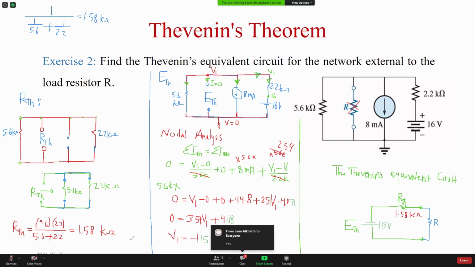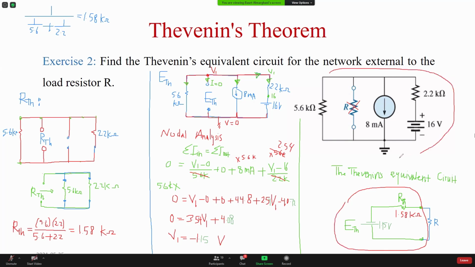Okay. So one more time. Whenever the question says find the Thevenin equivalent circuit, it means you have at the end to draw the equivalent circuit and say, here's the equivalent circuit. And this equivalent circuit is basically equivalent to this, except this part is not included because it's between the terminals.